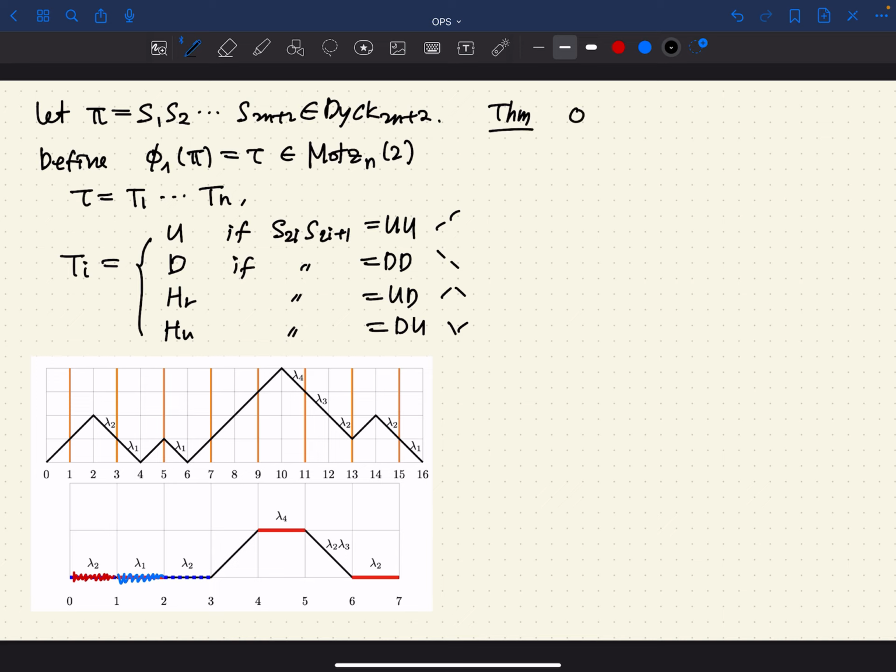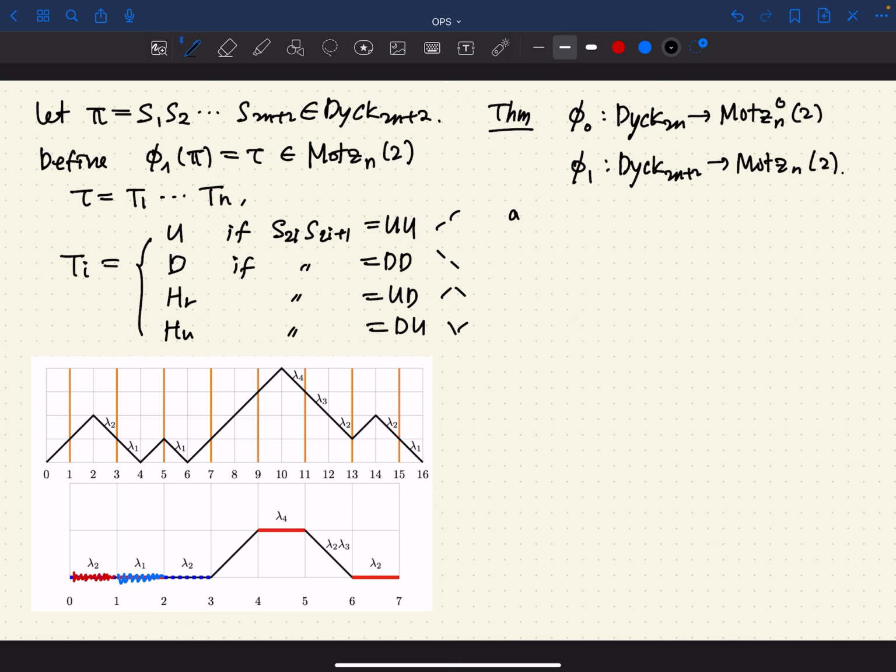The map phi 0 is a map from Dyck paths to Motzkin paths, and phi 1 maps Dyck paths of length 2n plus 2 to Motzkin paths of size 2.